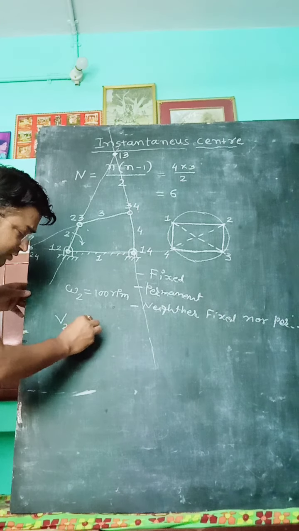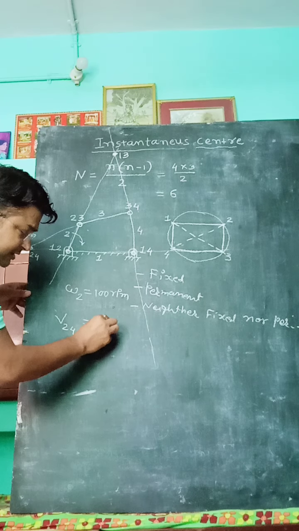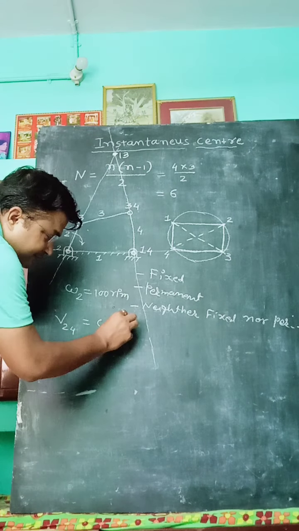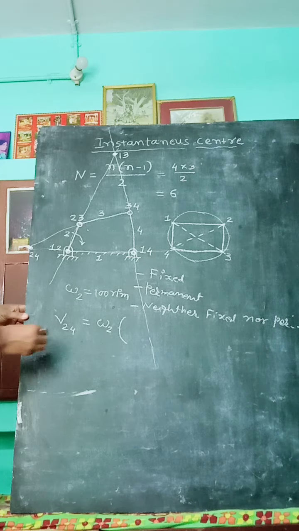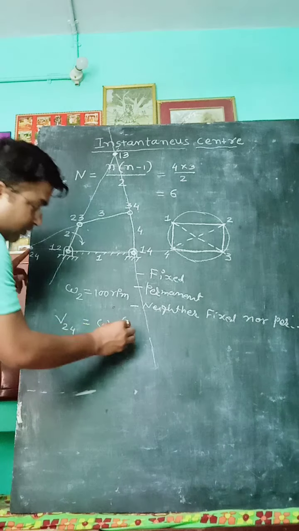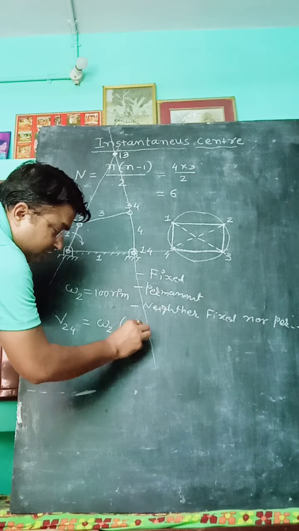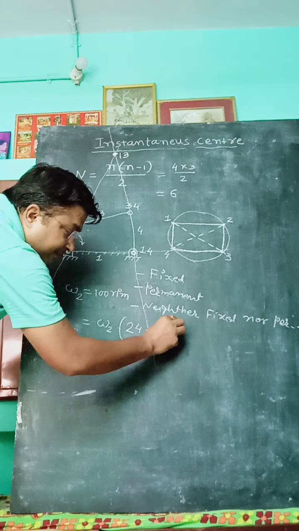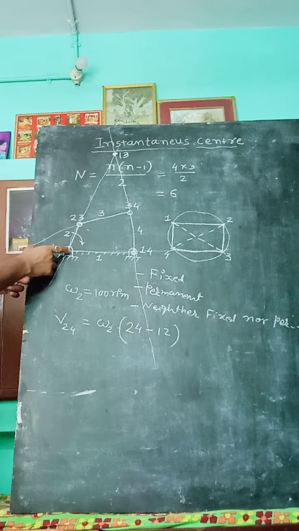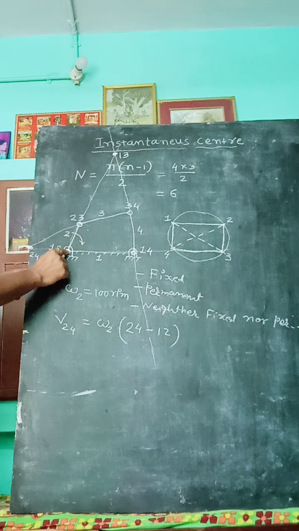V is equal to r omega. So omega 2 is available. Okay. So where is 2, 4? So 2, 4 minus 1, 2. That means you have to measure 2, 4 on the diagram itself and 1, 2.